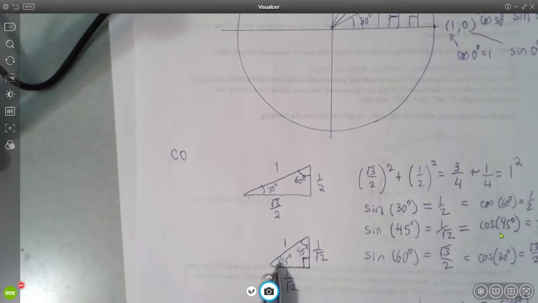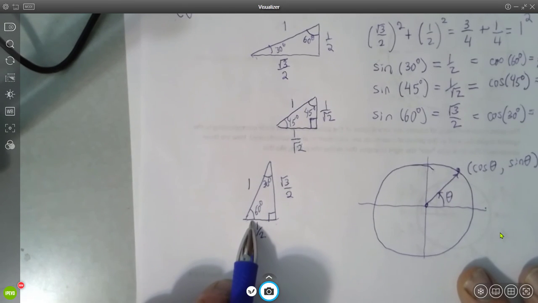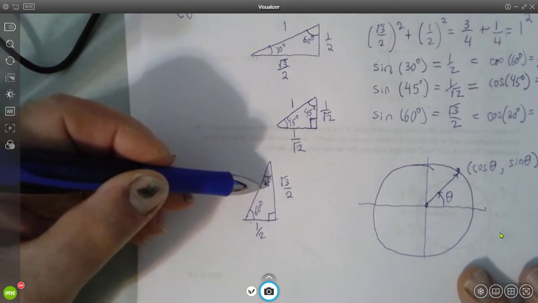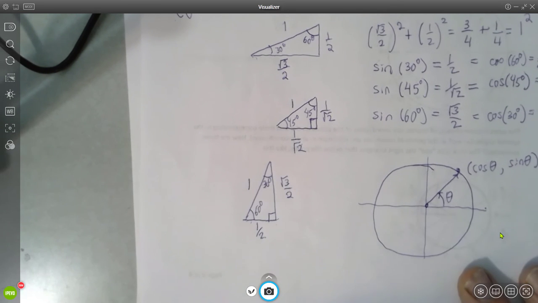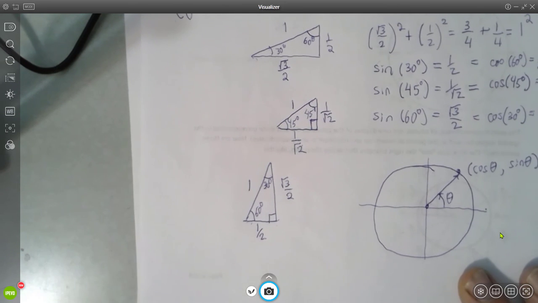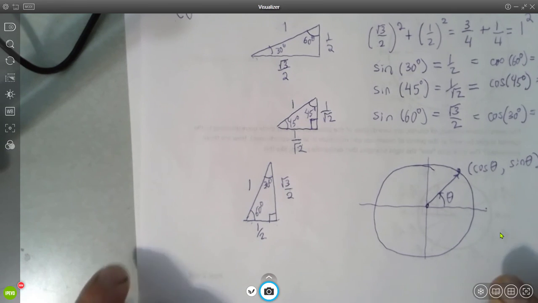If you take the sine of 45, you get the same thing as if you took the cosine of its complementary angle, which happens also to be 45. And likewise, if you take the sine of 60, you'll get the same thing as if you took the cosine of its complementary angle, 30. So that's what the co means. It means switching to the complementary angle would give you this result with this pattern here.